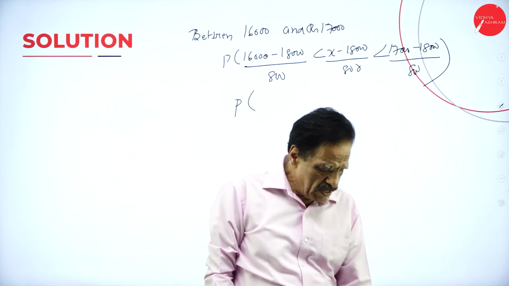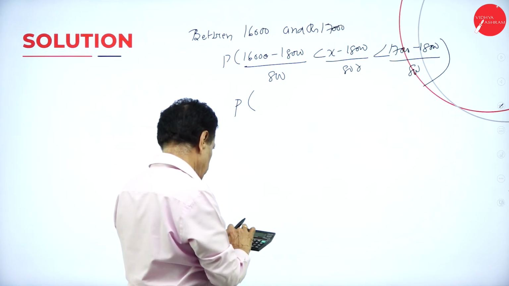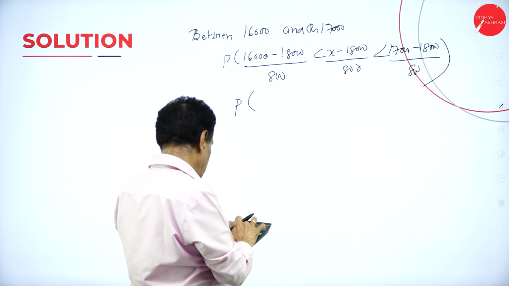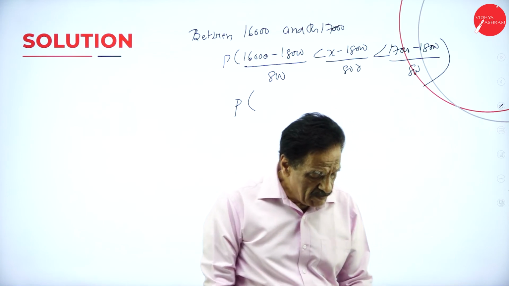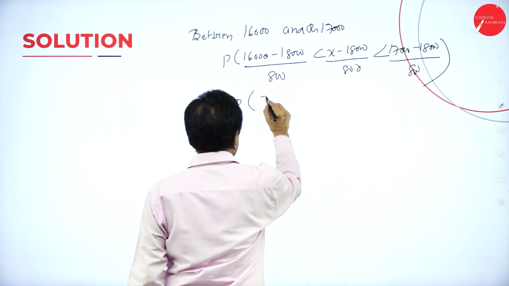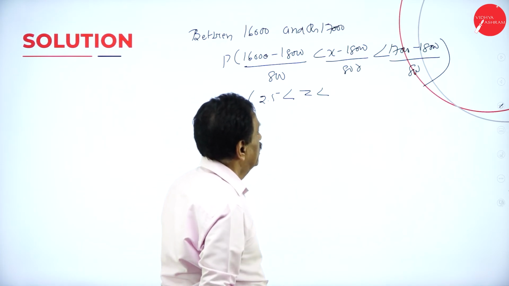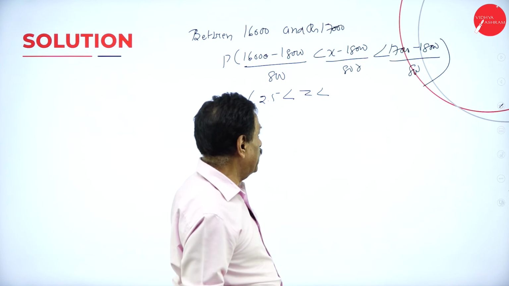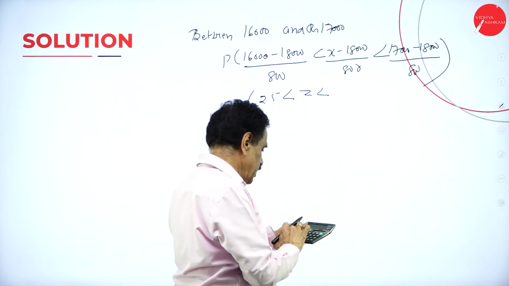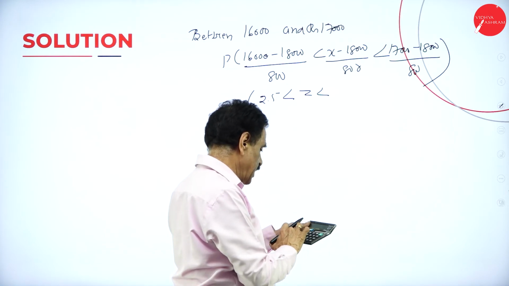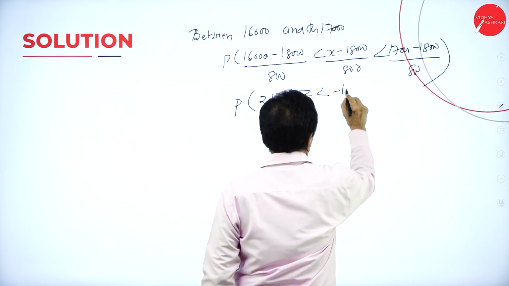16,000 minus 18,000 is minus 2,000, divided by 800, is minus 2.5. So P of minus 2.5 less than Z less than 17,000 minus 18,000, which is minus 1,000 divided by 800, so minus 1.25.